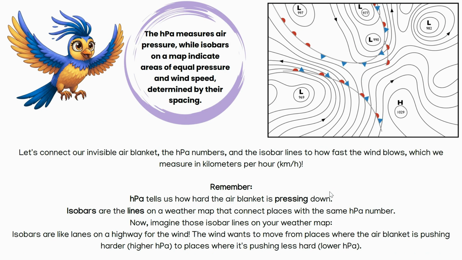Now imagine those lines on your weather map. Isobars are like the lines on a highway for wind. The wind wants to move from places where the air blanket is pushing harder, your higher hPa, to places where it's pushing less hard, your lower hPa.